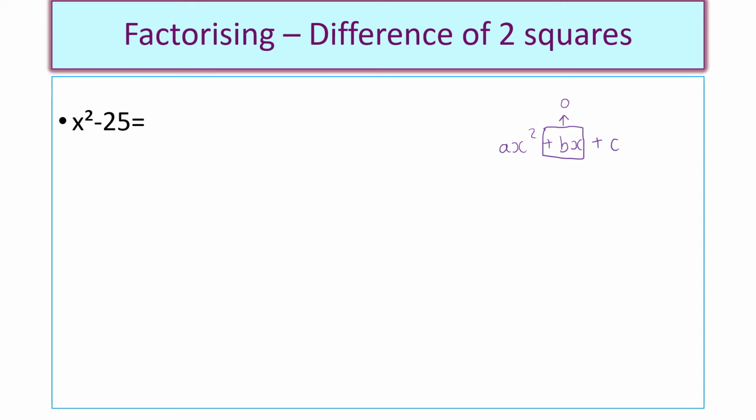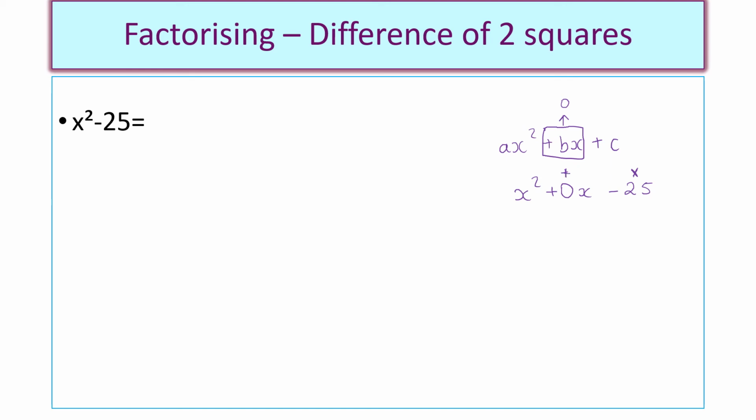So I'm going to try and solve the first one just like we did on the previous examples. So I want two numbers that I times to get -25, and the same two numbers that I add to get 0.